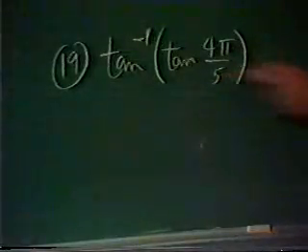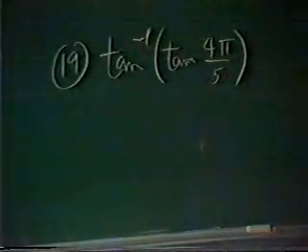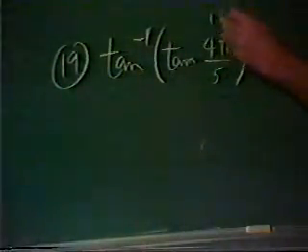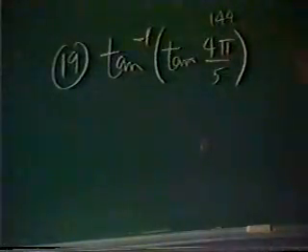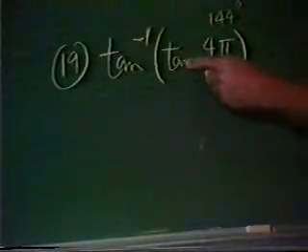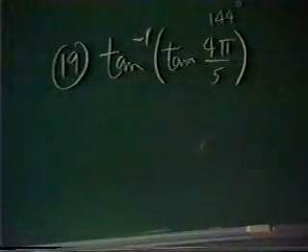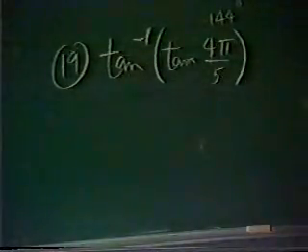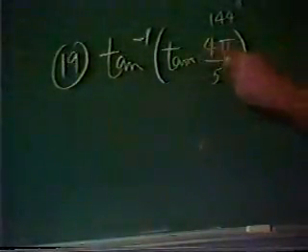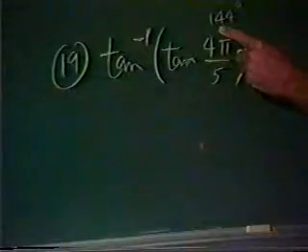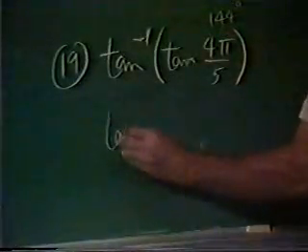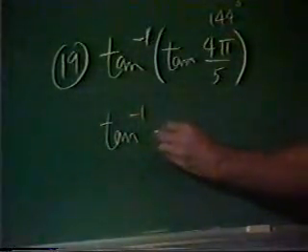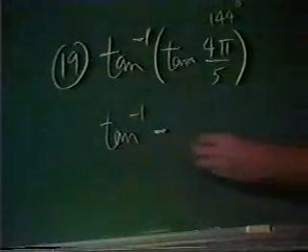Well, 180 divided by 5 is 36 times 4 is 144 degrees. Now, what is the tangent of 144 degrees? The tangent of 144 is minus something. So we're talking about the inverse tangent of a minus some number.